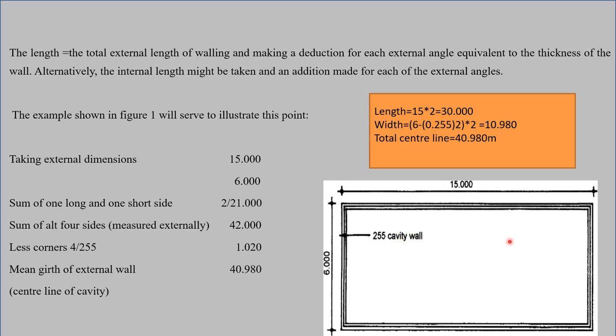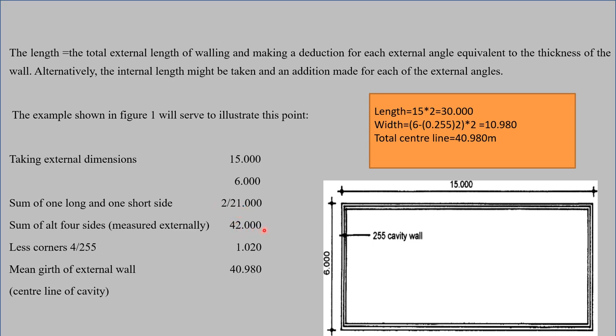So for this one, the length of the rectangle was 15 meters and the width was 6 meters, and the thickness of the wall is 255. So to get the external perimeter, we take the length 15 and the width 6. The total for length and width is 21. We multiply by 2 to get the perimeter 42.